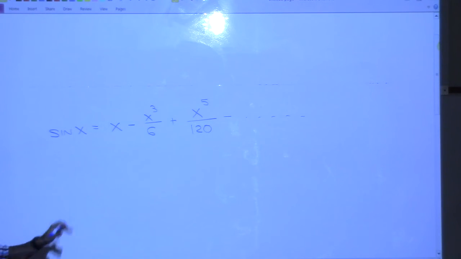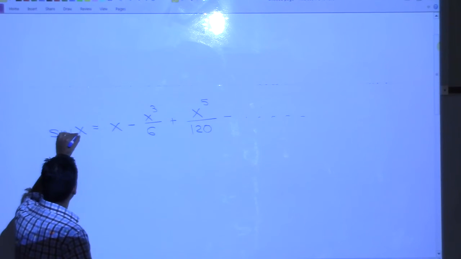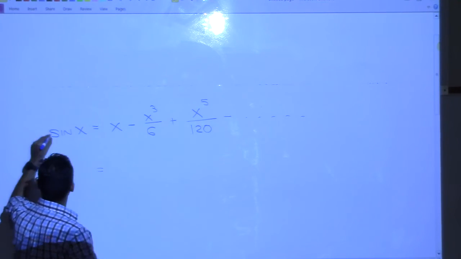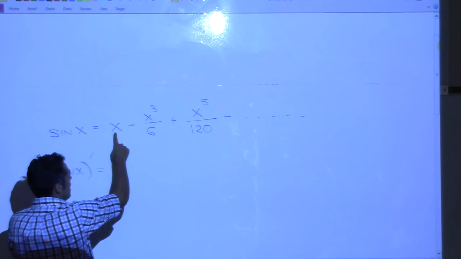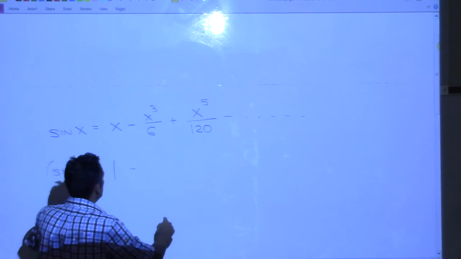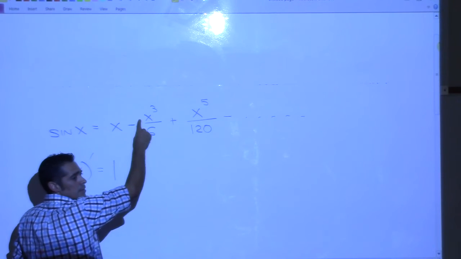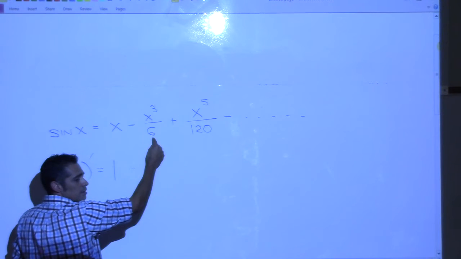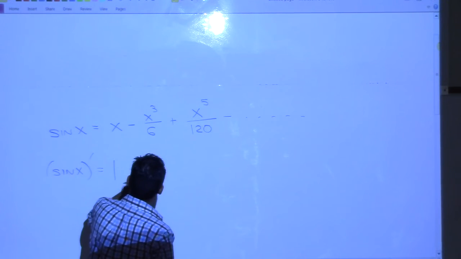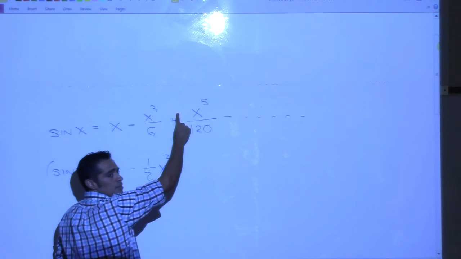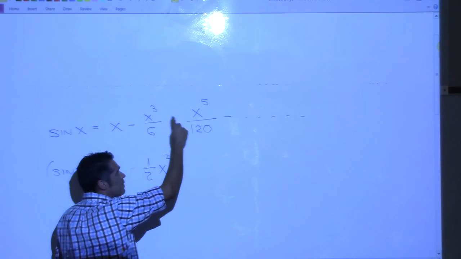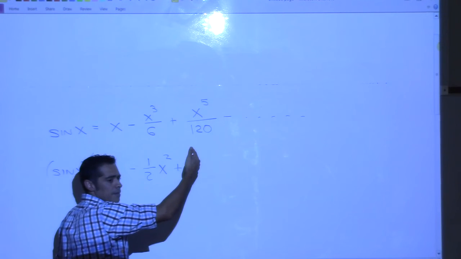This is really cool. What's the derivative of sine? Cosine, right? So if I take the derivative of this series, what's the derivative of x? 1. Now minus, bring the 3 out: 3 and 6 becomes 1/2 x squared, plus, 5 comes out, reduce that, and I believe you get 24.